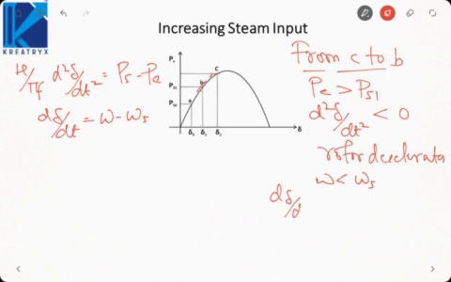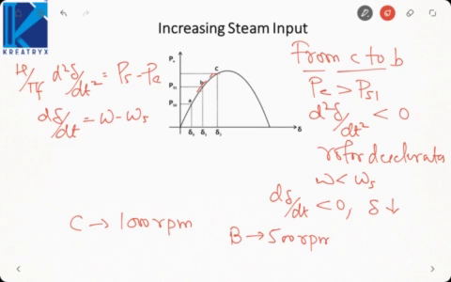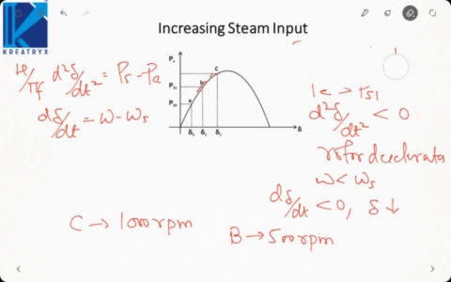So d delta by dt will be less than 0 and delta will go on reducing. If I assume that at C speed was 1000 rpm, that is synchronous, now it will go on reducing till B. Let us say at B we have 500 rpm. Now we will consider the case at point B.